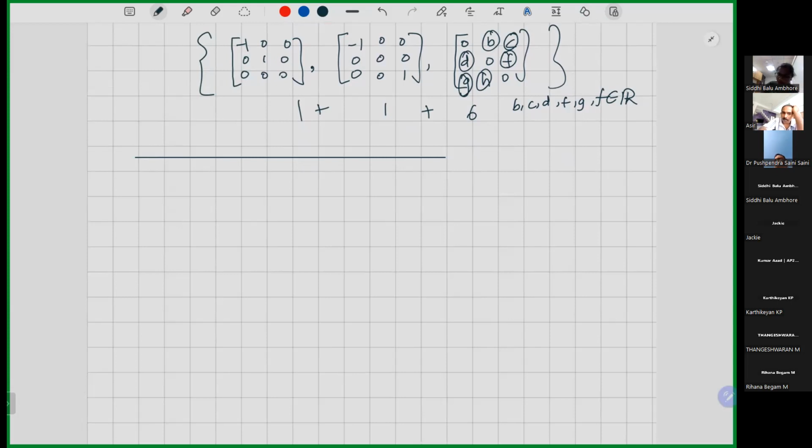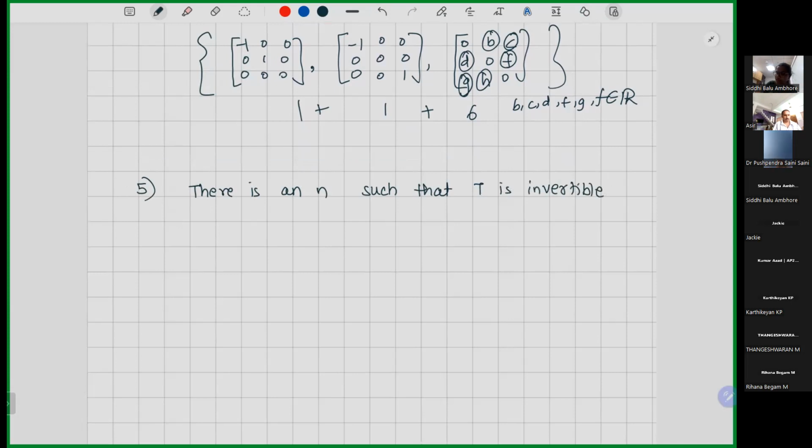And question, just a second. The 5th part of this is that there is an n such that T is invertible. When I say T is invertible, I mean that T is an isomorphism. The dimension of M_n(R) and R to be equal.